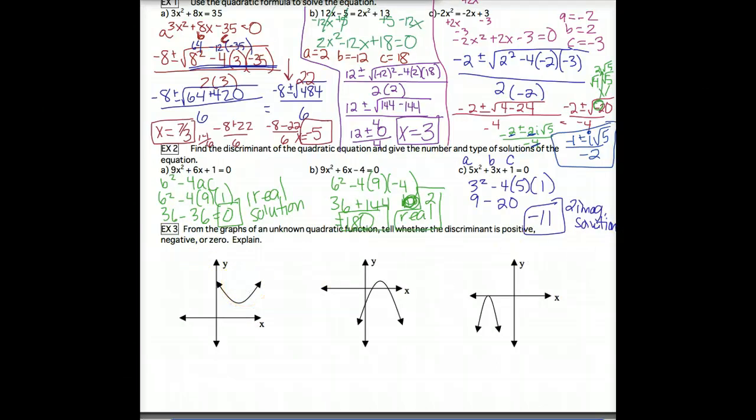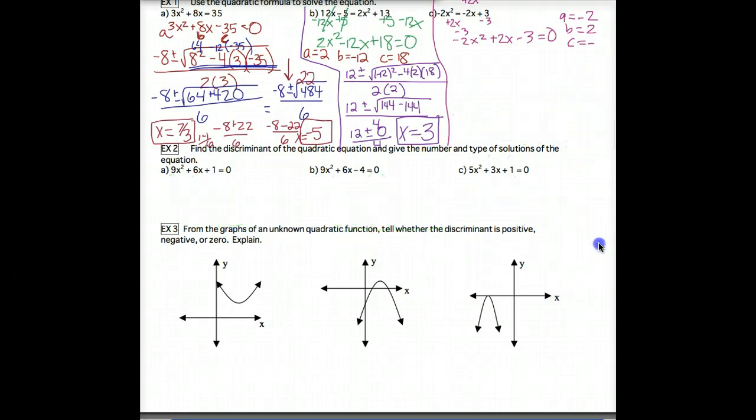So our discriminant tells us if there's two real solutions, that means there should be two x-intercepts. If there's one real solution, there should be one x-intercept. And if there's no real solution, that means that there should be no x-intercepts, which means it doesn't cross the axis at all.